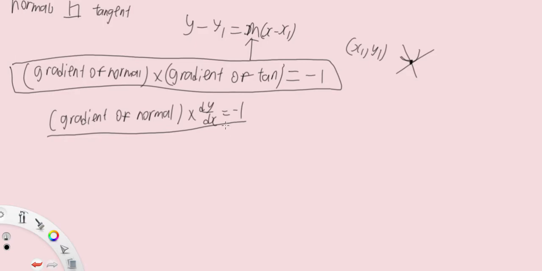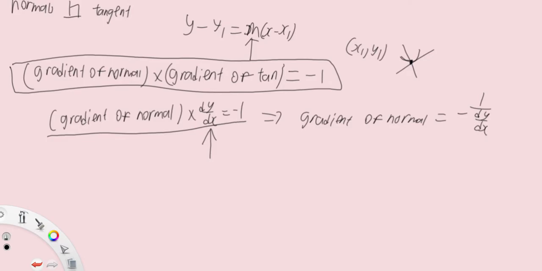And this will help you find the gradient m, because all you need to do is find the gradient of the tangent and then take the negative reciprocal, because from here we get gradient of normal equals minus 1 over dy dx.